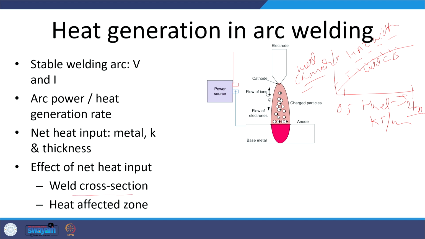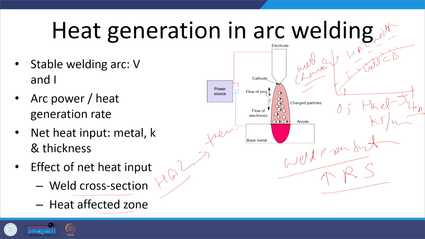So, these are the two major changes that take place, and we know that increasing weld cross sectional area simply increases the residual stresses, this is one, and increasing HAZ width increases the thermal damage taking place in the material characteristics, due to the microstructural changes or due to the degradation in mechanical properties.